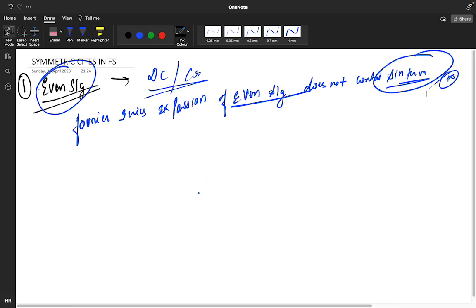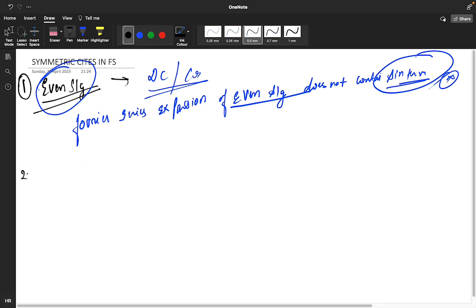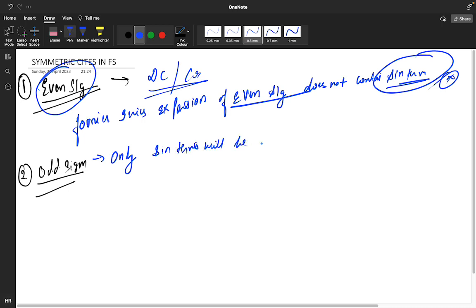Okay, the same thing applies for an odd signal. So in an odd signal only sine terms will be present. In an even signal you can get the DC value or cos value, but in an odd signal you will get neither DC value nor cos value, you will only get the sine term.